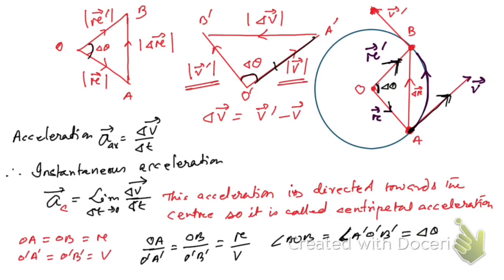So here you see we have got that these two triangles are similar according to the side angle side property. Triangle AOB is similar to triangle A dash O dash B dash. Here you can see these are the ratios of these two sides, OA and O dash A dash, and OB and O dash B dash.